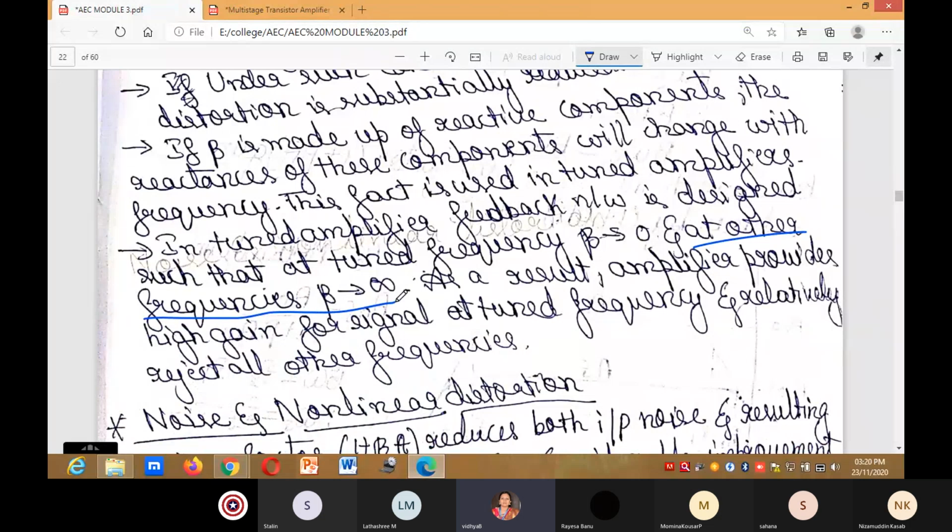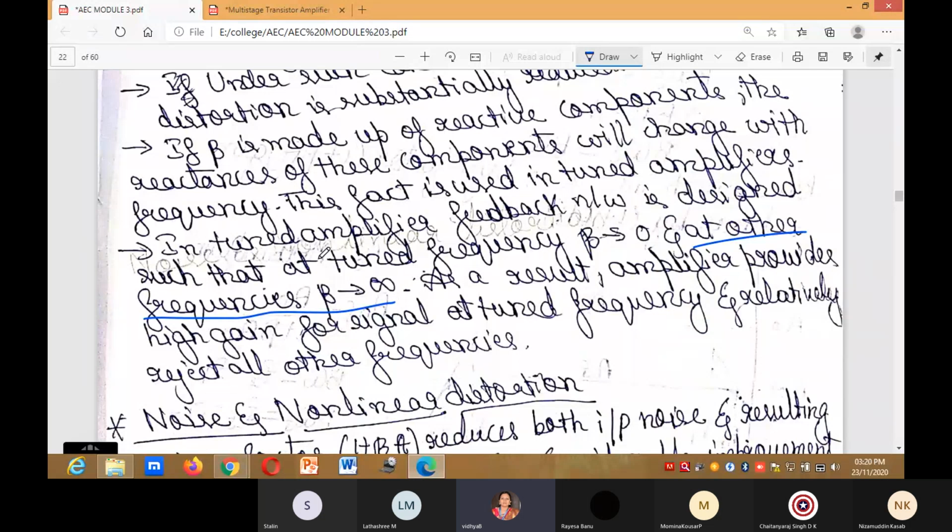For example, if it is designed for 10 kilohertz, then beta will be 0 for 10 kilohertz, and for other frequencies beta will be infinity.